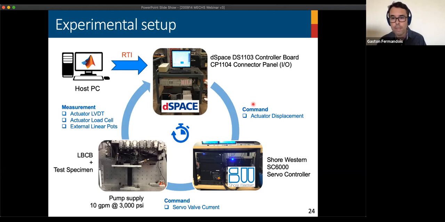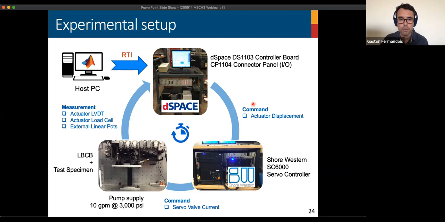We send a command in actuator displacement, then we send a command in servo valve current to each actuator. The actuators will move, and then we will measure the actuator stroke, the actuator force. Each actuator has a load cell that is installed in line with the platform, so we can measure forces. And if it's required, we have an external measuring system in order to measure the position in a Cartesian space of the specimen.